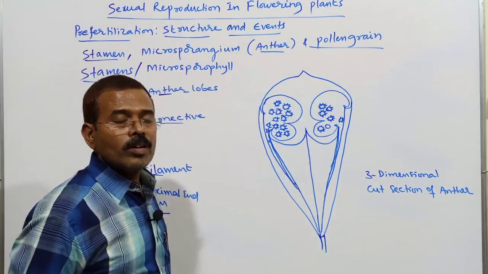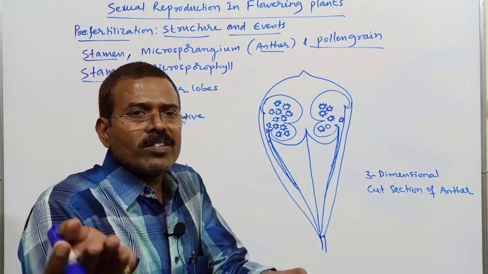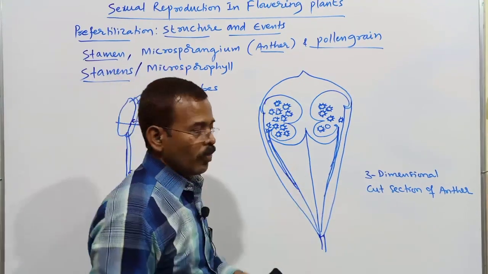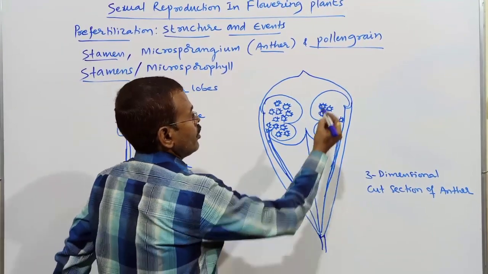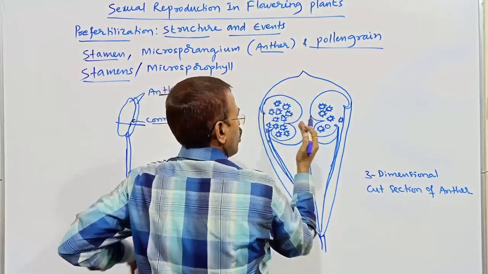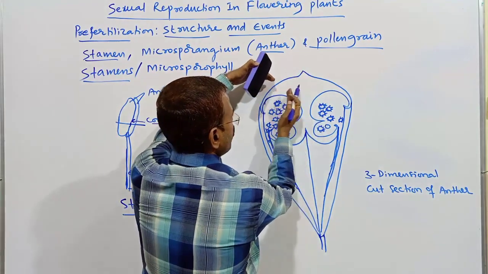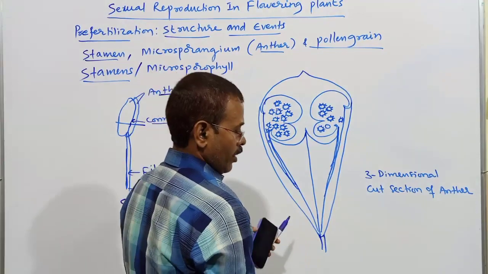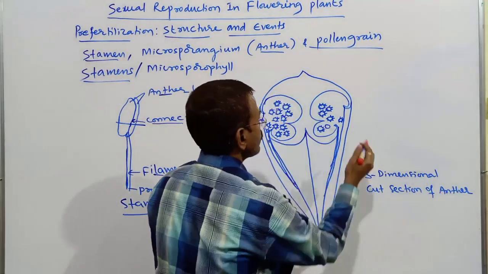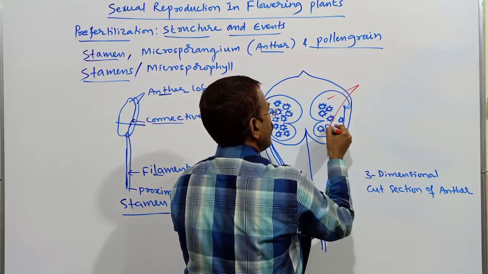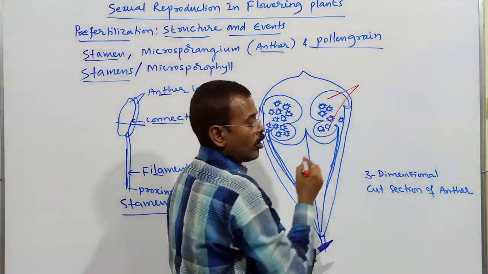This is the three-dimensional cut structure of the anther. So here, this part is one anther lobe and this is another anther lobe. So here you have these microsporangia.